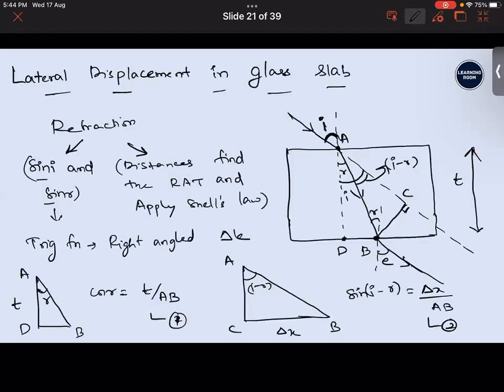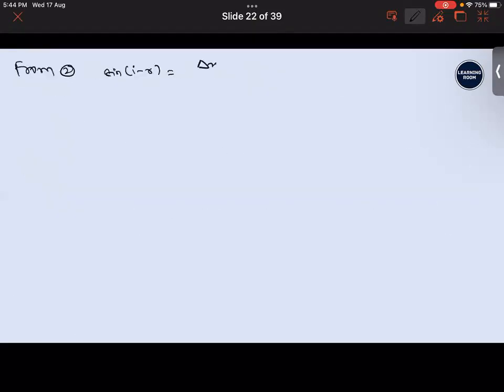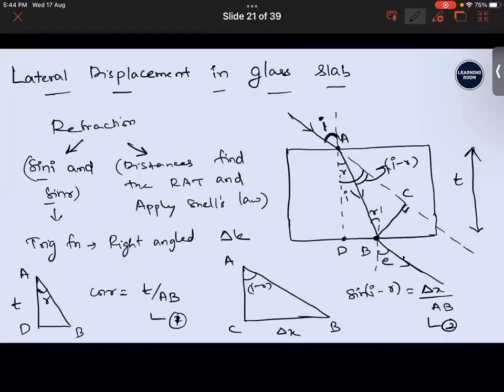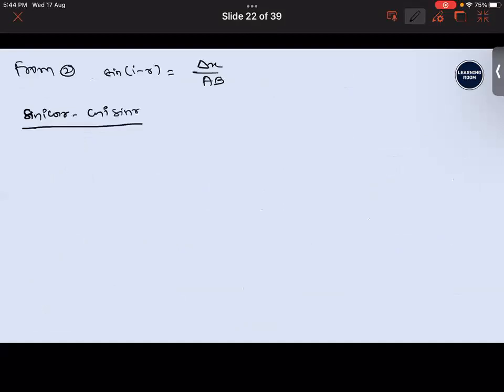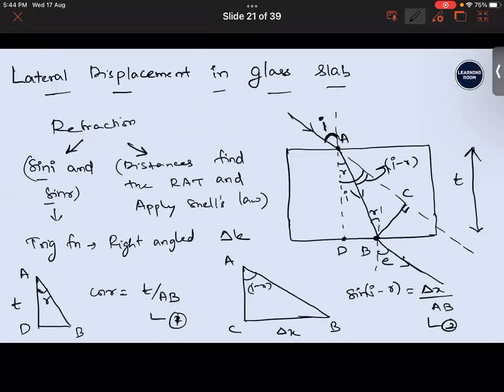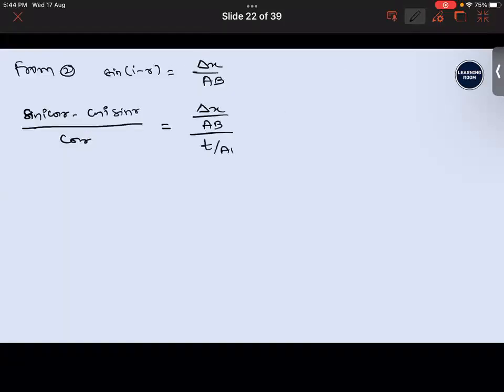So from 2, I can say sine of I minus r is equal to delta x by AB. So sine of I minus r is sin I cos r minus cos I sin r, the whole divided by, if I write cos r here, then it will become delta x divided by AB divided by cos r from 1 is t divided by AB.